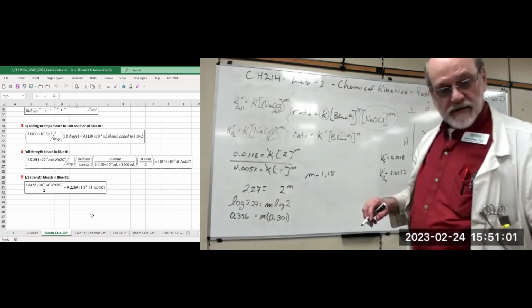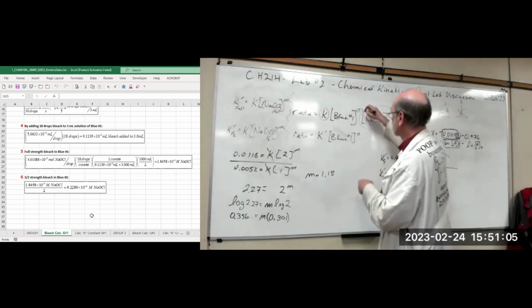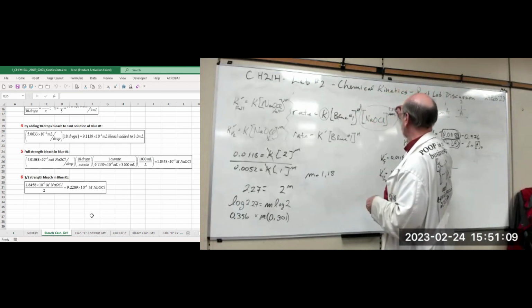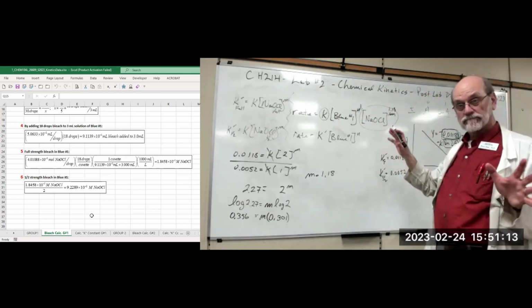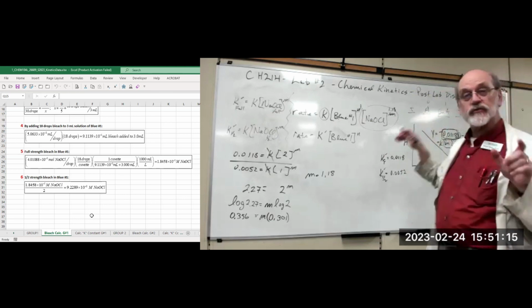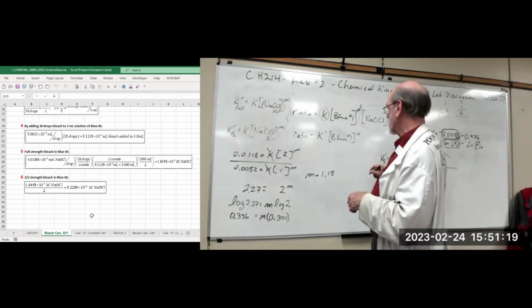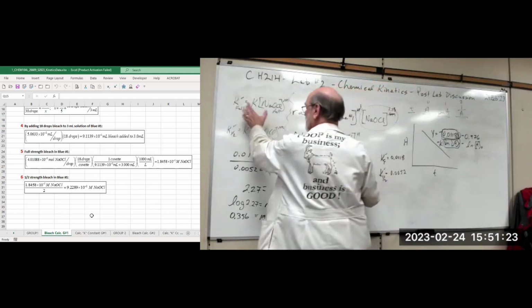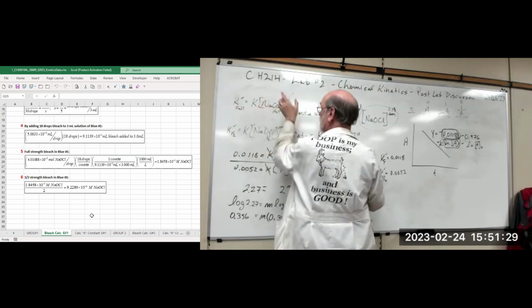Okay? So now we know that this one is equal to 1, and this one is equal to 1.18. Now, what's the true K? Well, by definition, we said that K prime is K times the concentration of sodium hypochlorite to the M value.